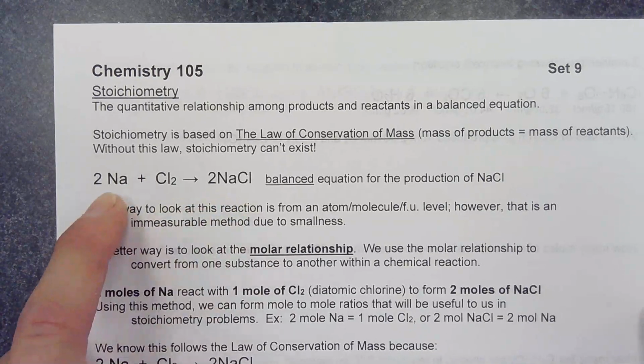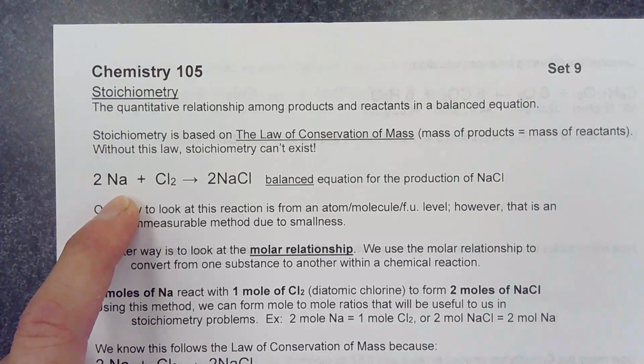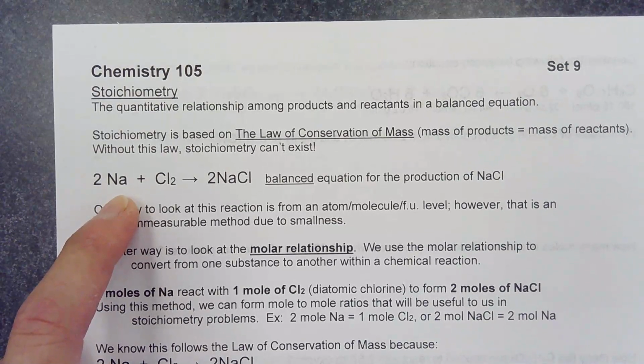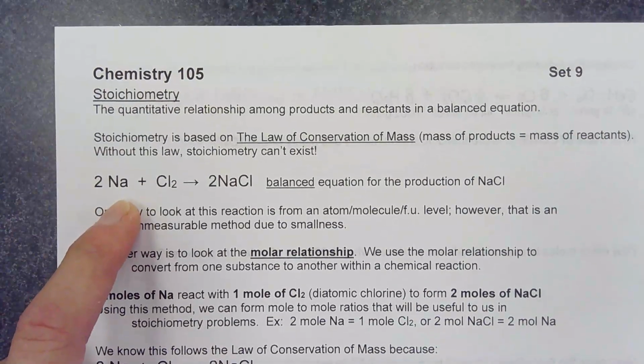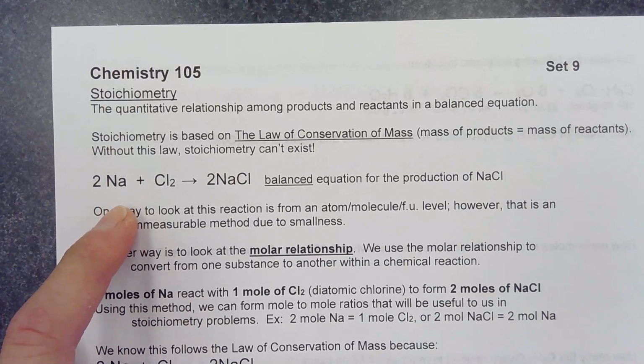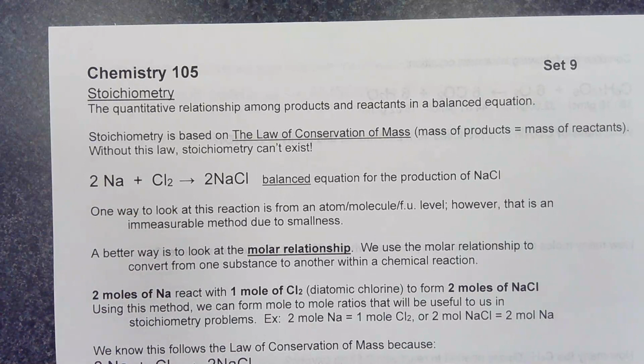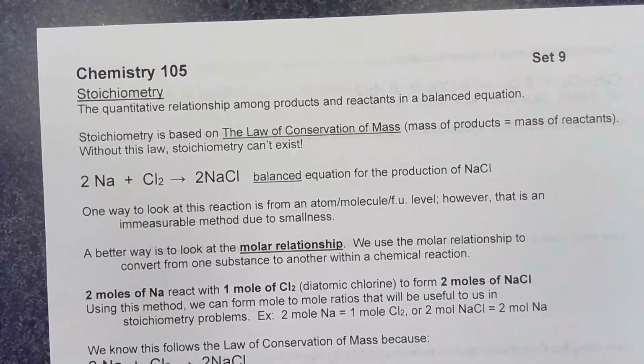Now, if we're looking at it from a mole standpoint, can we go to the periodic table and get mass? So do I know the mass for 1 mole of sodium? What is it? 22.99 grams. The mass of 1 mole of sodium is 22.99 grams.